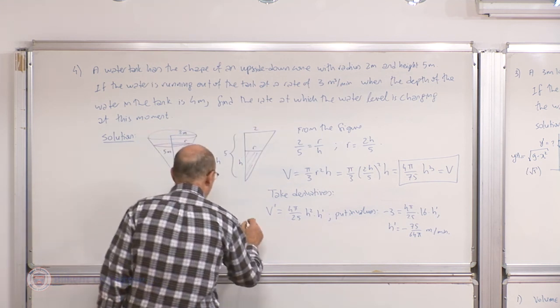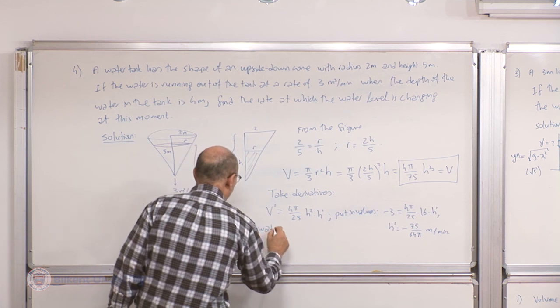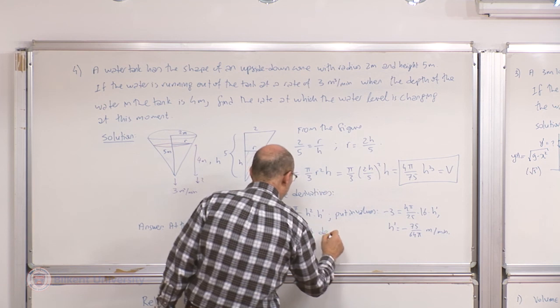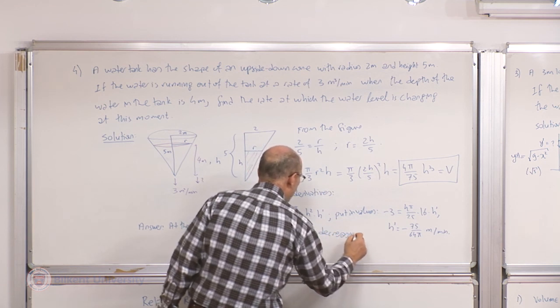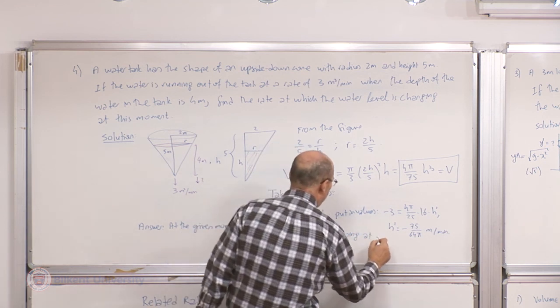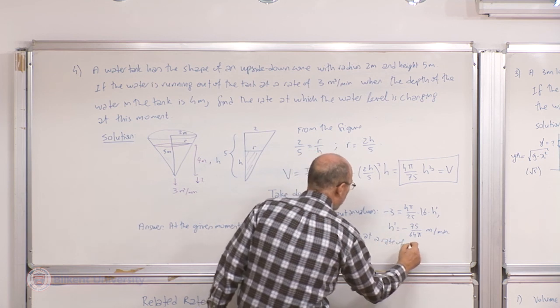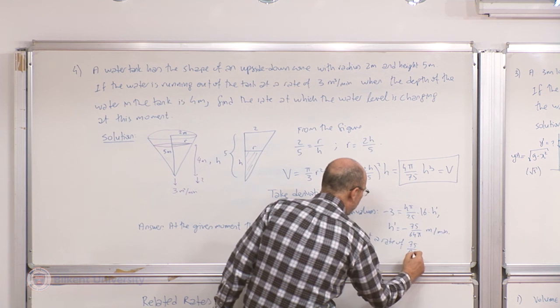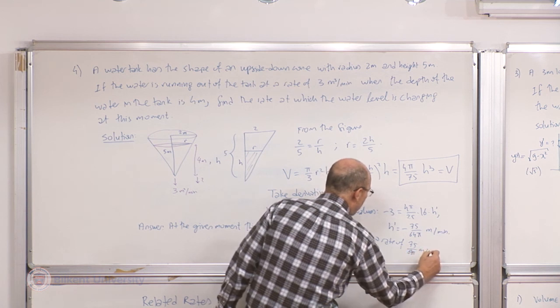So at the given moment, the water level is decreasing at a rate of 75 over 64 pi meters per minute.